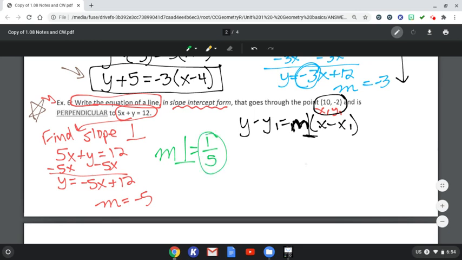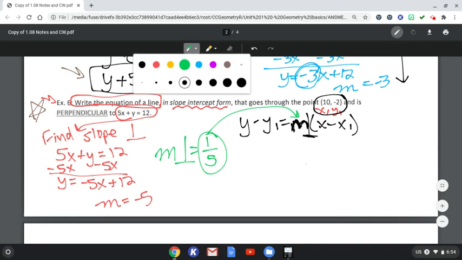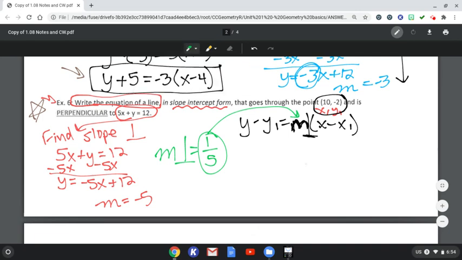So that's what's going to go in here for our slope. So making our substitution, we get y minus, our y1 is negative 2, equals 1/5 times x minus x1, or 10.